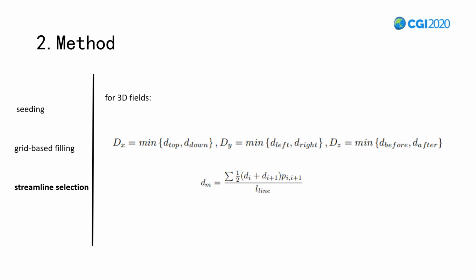In order to achieve more flexible control, we use three parameters along the XYZ axis, rather than only one parameter in 3D fields, as follows.